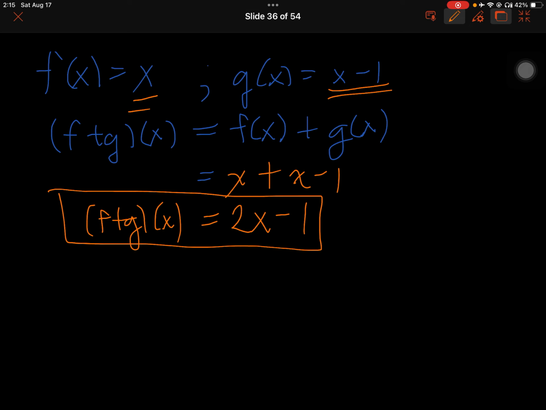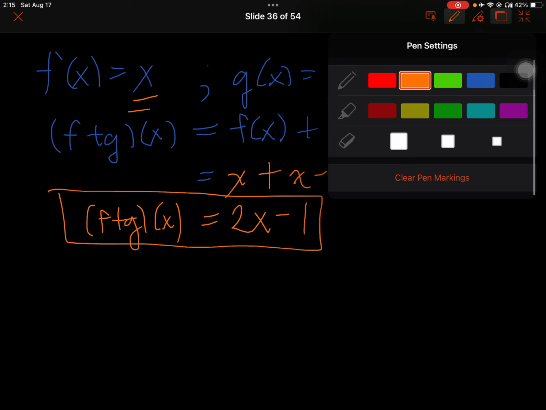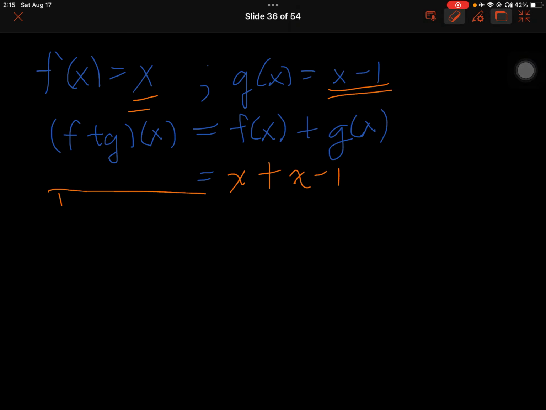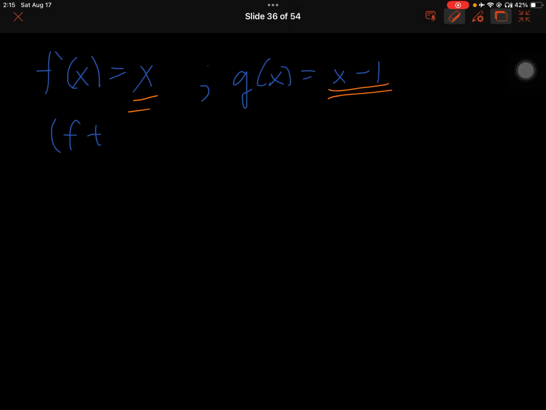Okay, next, let's find the f minus g of x. So for the subtraction, f minus g of x, again, let's separate them.